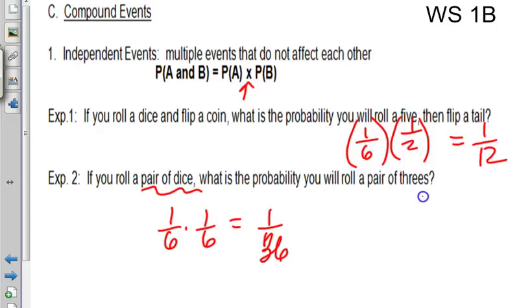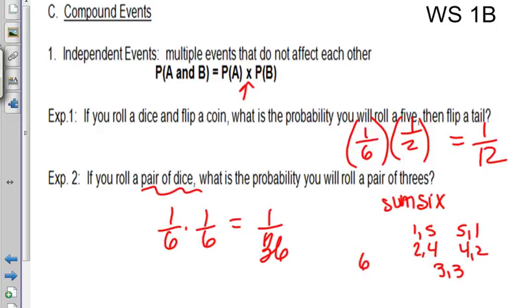Let's do, what did I say? Sum is 6. If the sum is 6, you could get a 1 and a 5, or a 5 and a 1. What else? 2 and a 4, 4 and a 2, or a 3 and a 3. So how many different possibilities?